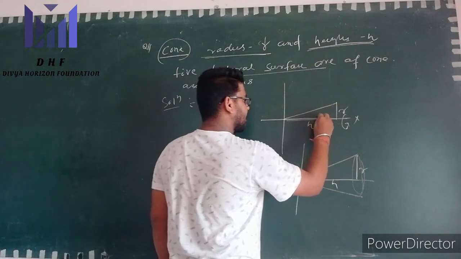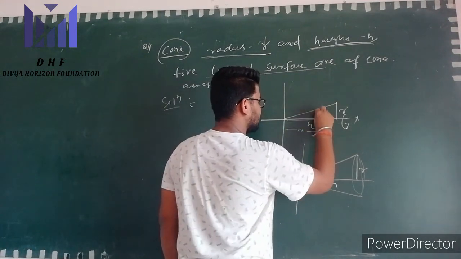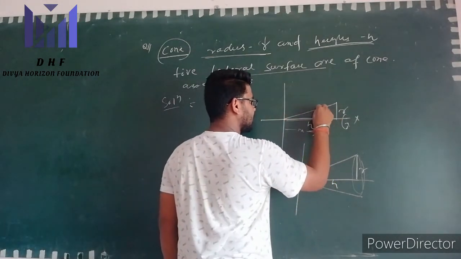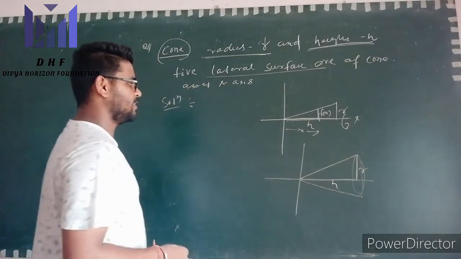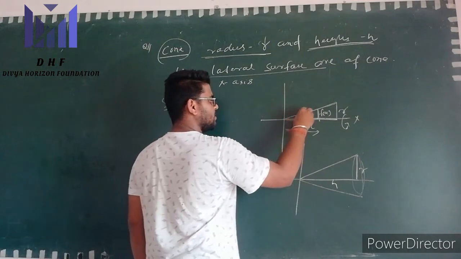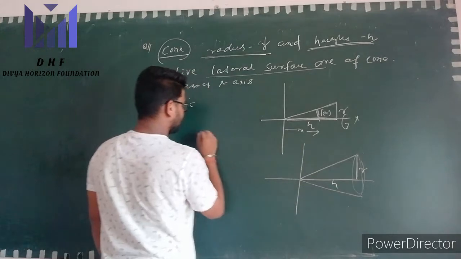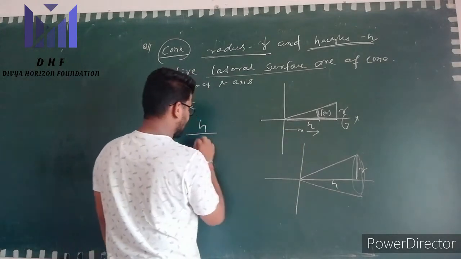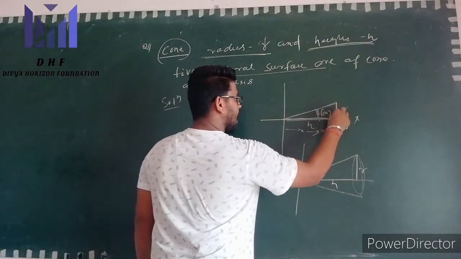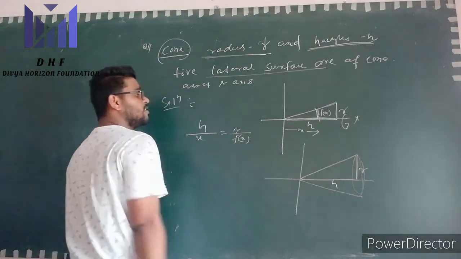Now suppose I take a point in this. If I take the distance as x, then this is f of x. Then similarly in the triangles, we find h upon x is equal to r upon f of x, according to similar triangles.